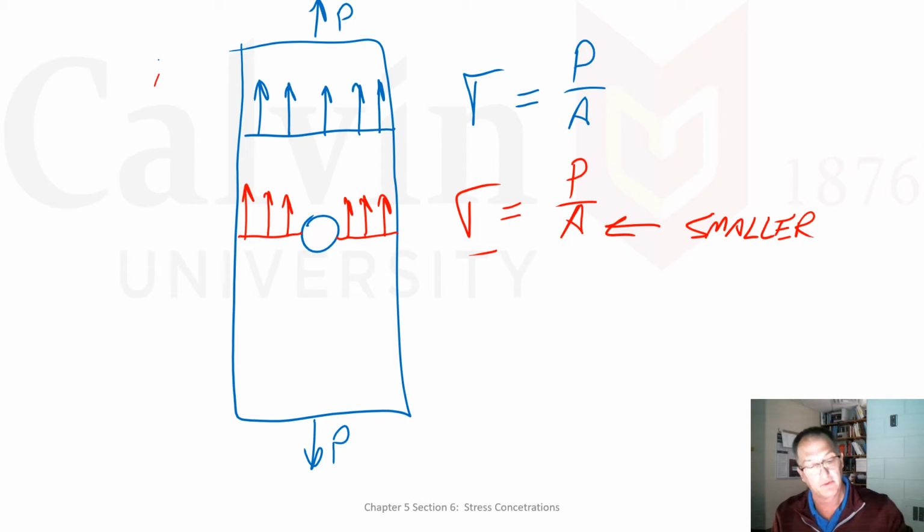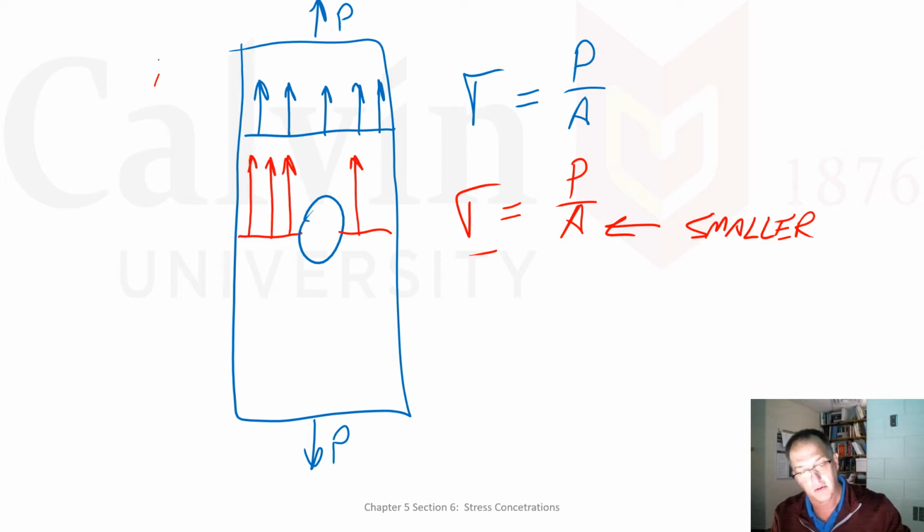So if I would redraw this, let's put my hole back in the plate. And now when I draw this, these have to be longer. Okay, that makes sense, fine. But let's go one step farther.